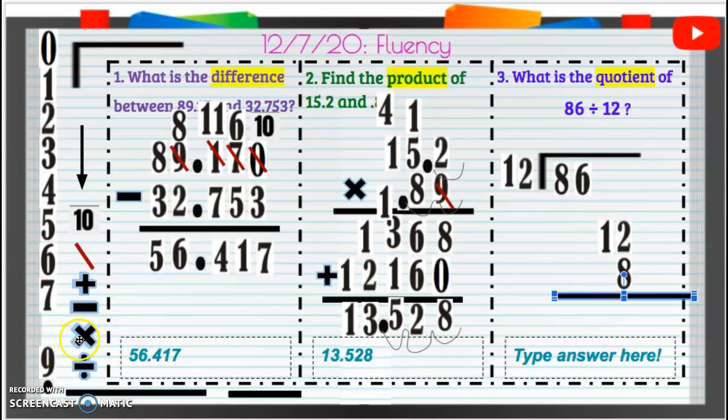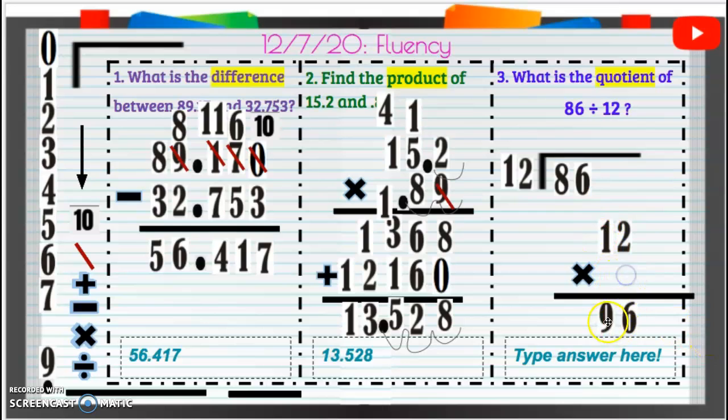Well, I know 8 times 2 is going to be 16, so I'm going to carry that 1, drop that 6, and then 8 times 1 is 8, plus that 1 is 9. So now we have too big of a number, 96.